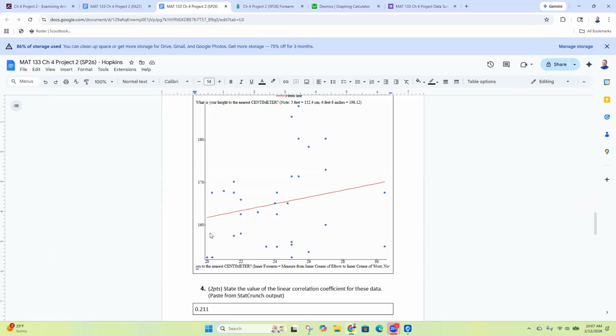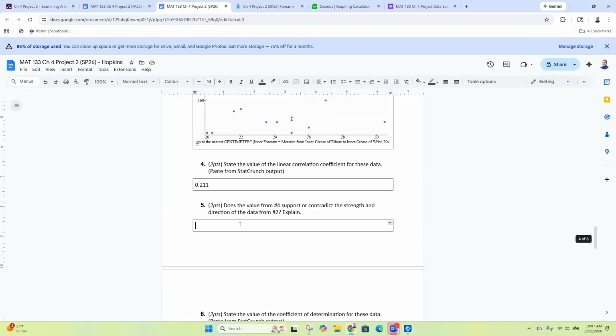So no, or sorry, it contradicts my prediction. It's actually no linear relationship. All right, interesting.